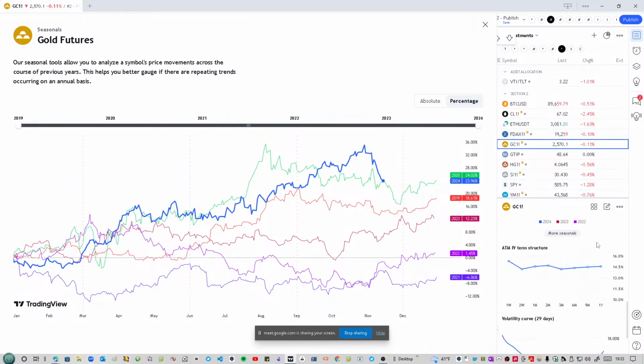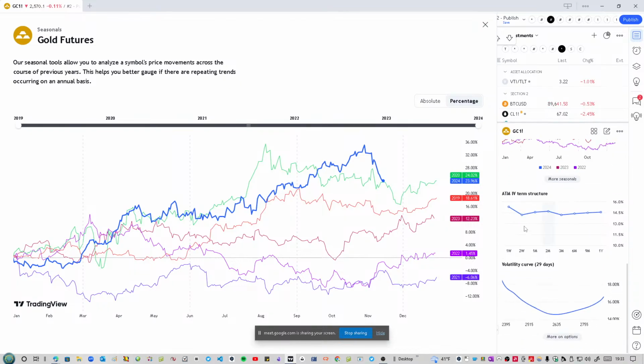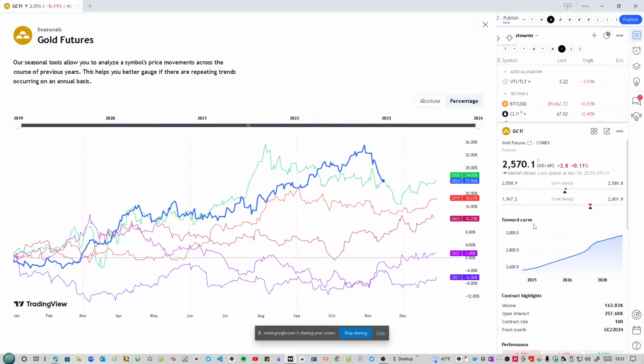And what you can also see here in TradingView now is the term structure. This is the implied volatility, so this is options stuff. This is also options, but you see here the forward curve. You see here each contract in gold until 2029. And you can see whether we are in contango or in backwardation.